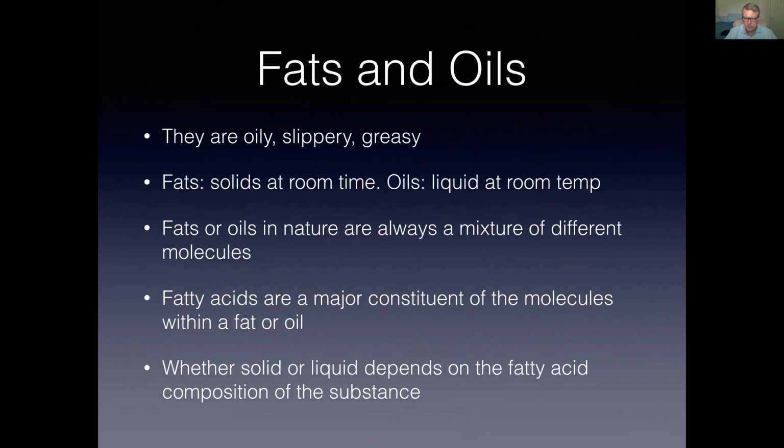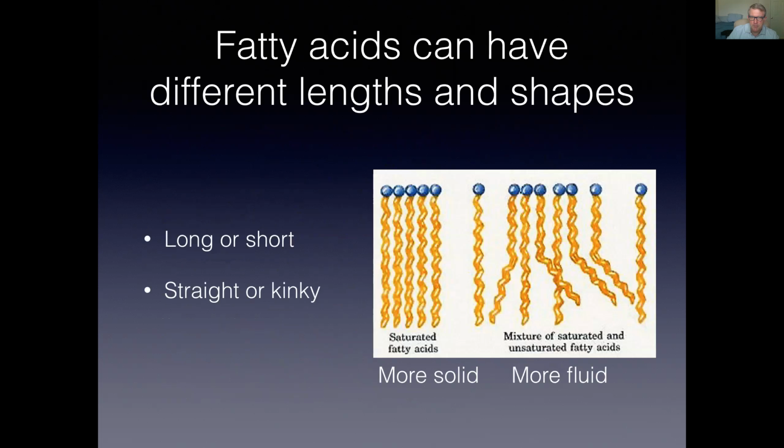And in the fats or oils, there is always a component known as fatty acids. It's a major constituent of fats or oils. And interestingly, whether something is solid or liquid at room temperature is very much determined by the kind of fatty acids that are in that mix. Fatty acids are a specific kind of organic molecule.